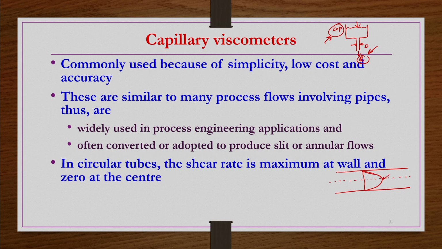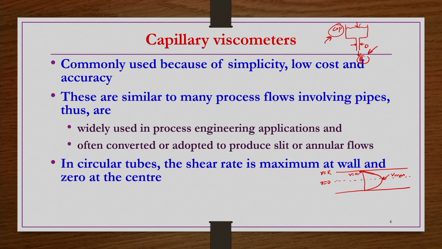So, at the center we have the maximum velocity, and at the tube wall we have 0 velocity, right. So, velocity decreases from r equals 0 to r equals capital R, the radius of the tube.